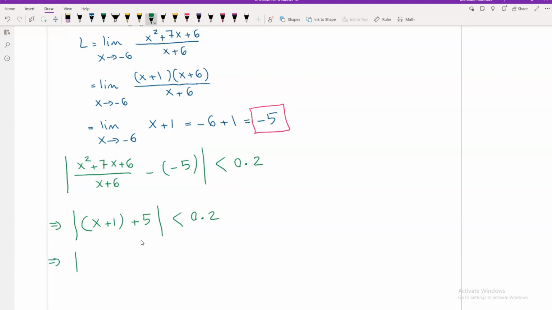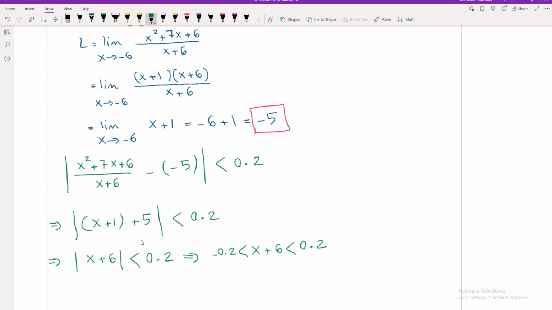So absolute value of x plus 6 is less than 0.2. What do you have inside absolute value? This is between -0.2 and positive 0.2.